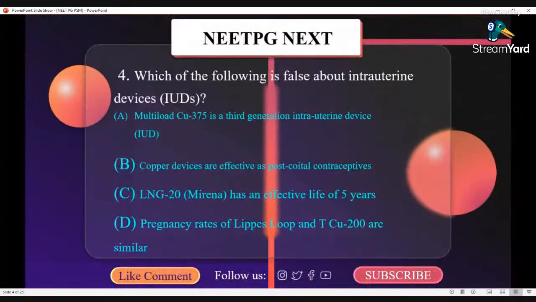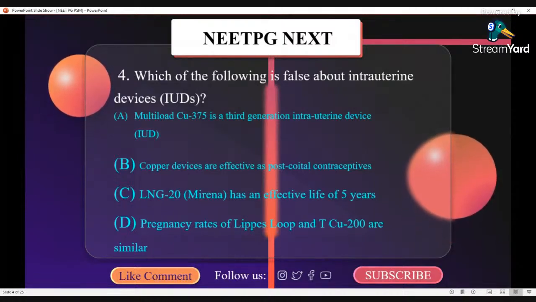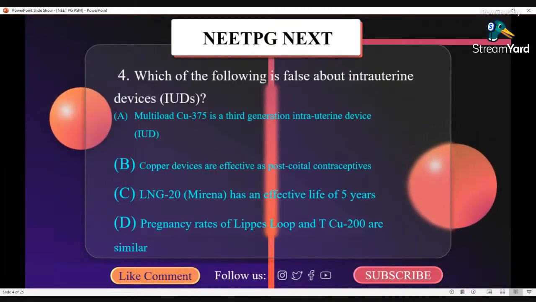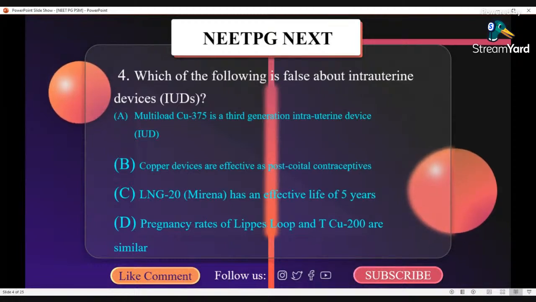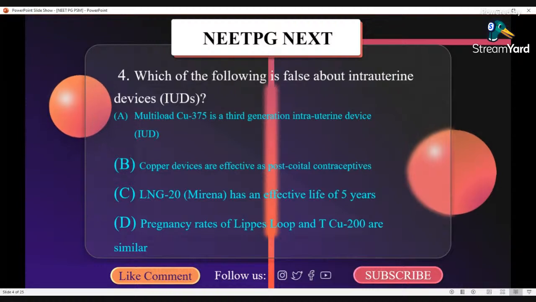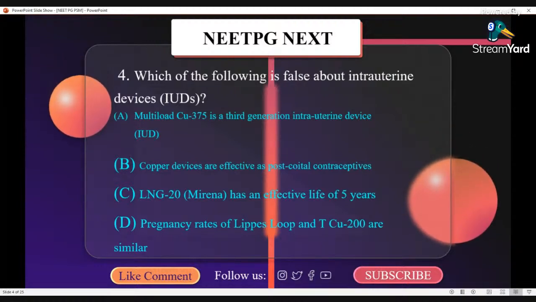Which of the following is false about intrauterine device? Multiload copper 375 is a third generation intrauterine device. Copper devices are effective as postcoital contraceptives. LNG-20 Mirena has an effective life of 5 years. Pregnancy rate of Lippes loop and copper T 200 are similar. So what do you think is false about intrauterine devices?